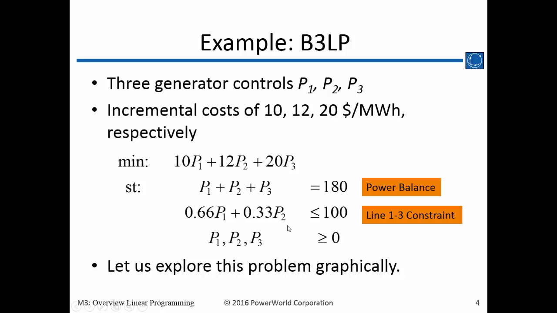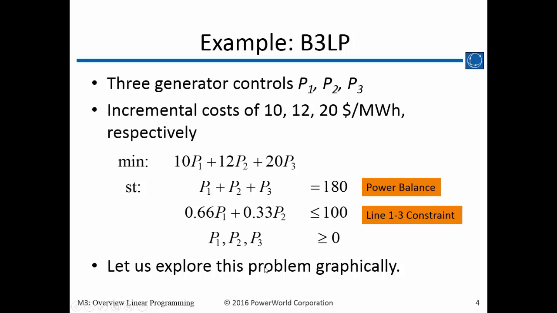So that can change, but really, we only care about the sensitivities with respect to lines that are binding. And then there's also an inequality constraint for the minimum and maximum output of the units. If we assume that each unit has a minimum of 0, then it's got to be greater than or equal to 0, and also less than or equal to the max, but that's not shown here, just for simplicity.